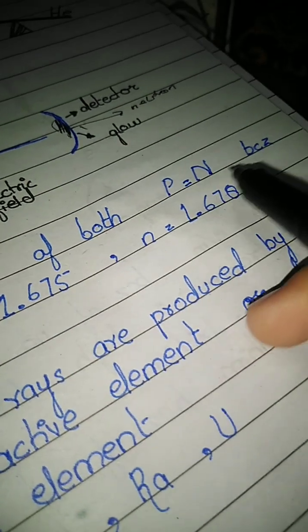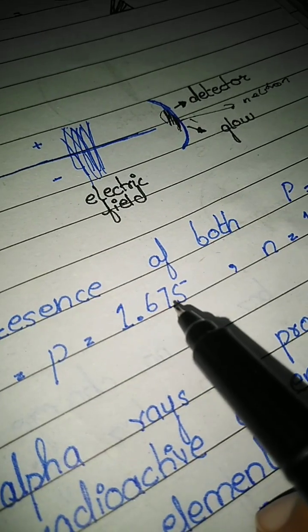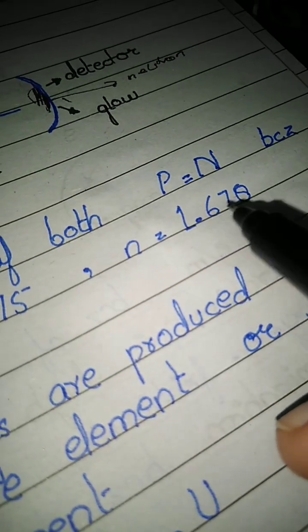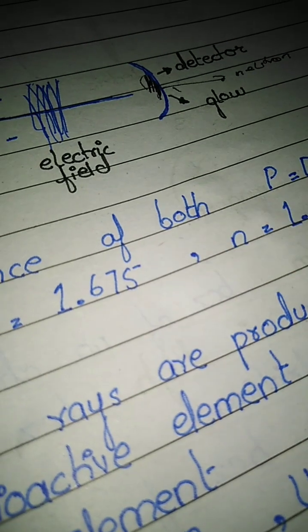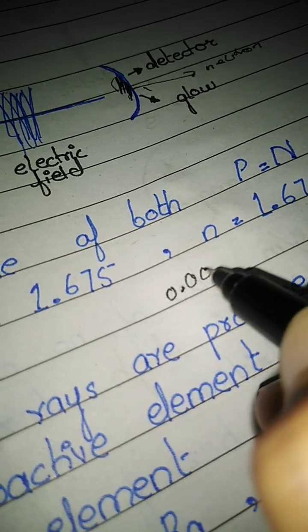Now, the fluorescence of both proton and neutron are equal. The mass of the proton is 1.675 and the mass of the neutron is 1.678, so there is a minor difference of 0.002.